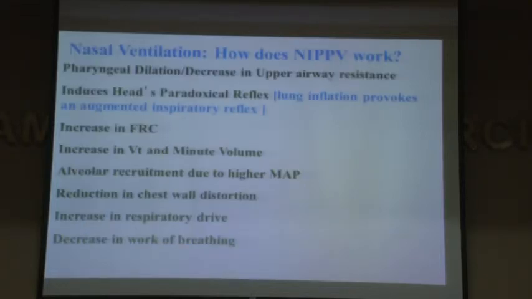So how does NIPPV work? One, when you use NIPPV you are using higher pressure, therefore you cause more pharyngeal dilation and reduce the upper airway resistance. When you inflate the lung, there is a physiological reflex called the Head's paradoxical reflex, which augments the baby's spontaneous respiratory effort. You maintain a better FRC, functional residual capacity, because you are using higher mean airway pressure.